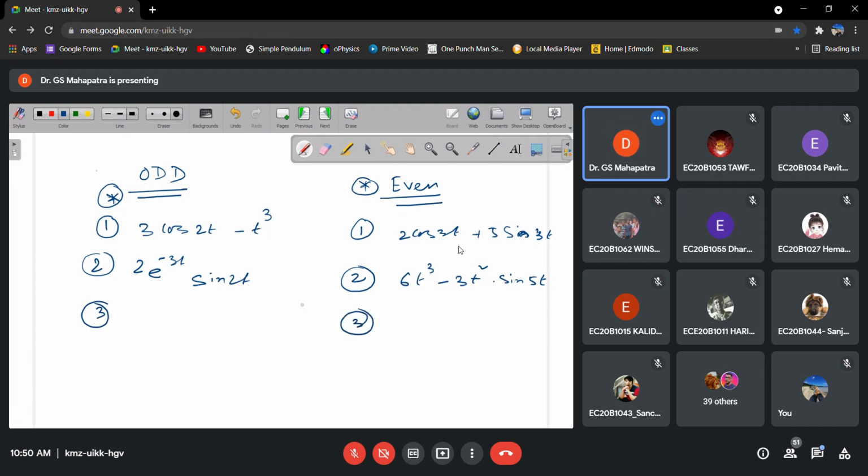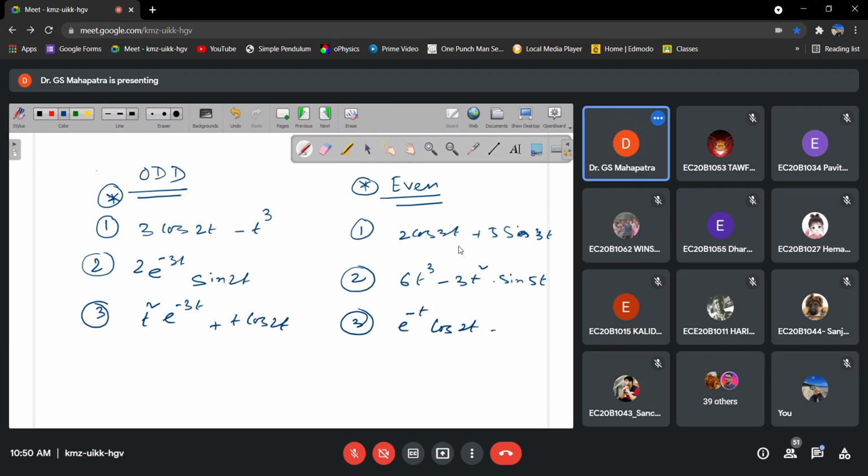t square e to the power minus 3t. So what we are going to find? We are going to find only the Laplace transform. Plus t cos of 2t. Here it is e to the power minus t cos of 2t.